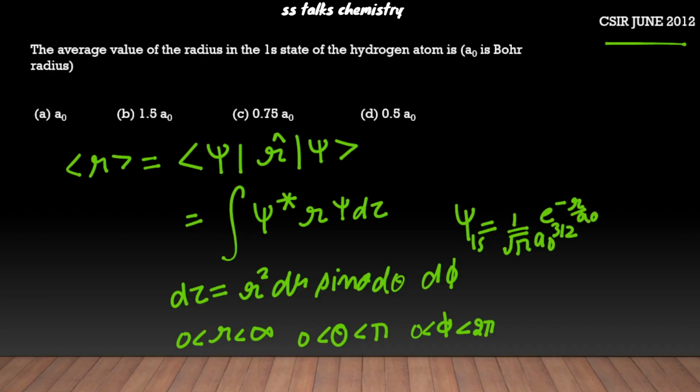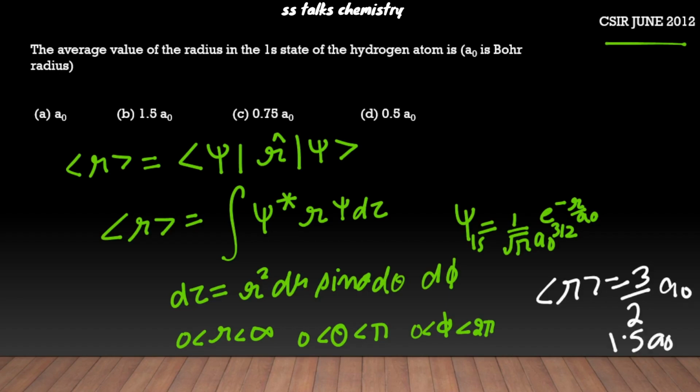So this psi value, r value and this d tau value, we just have to substitute in this and find the value of r. We already generally learn this value for the 1s orbital. The r value comes out to be 3 by 2 a naught, so it is 1.5 a naught. Based upon this, option B becomes the right answer.